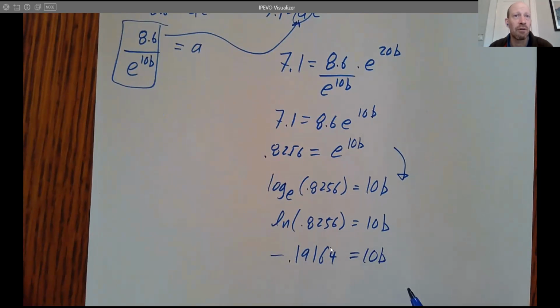So it says round it to 1 decimal place for A and B to 5 decimal places. So I want to keep at least 5 decimal places. Maybe I should actually keep more there. So keep lots of decimal places here. Then I divide that by 10.